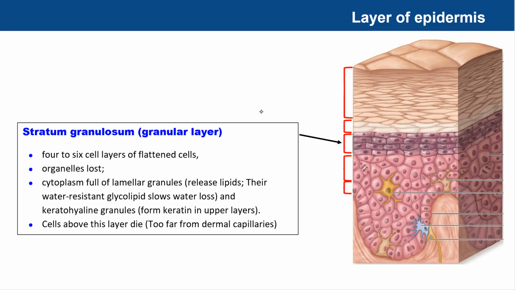Next layer is the stratum granulosum. It has about 4 to 6 cell layers of flattened cells. You can see the nucleus inside of these cells, but actually these cells lost their organelles.